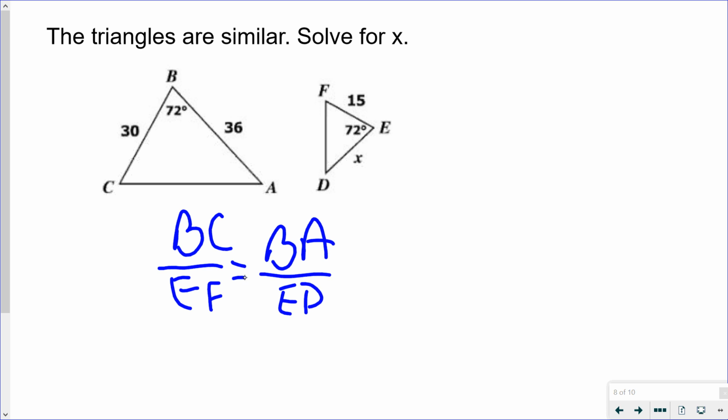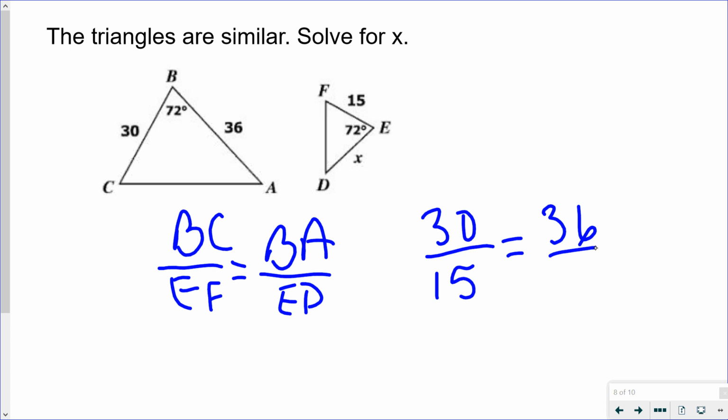And if these two triangles are similar, then we can set up a proportion and get ready to solve for the unknown. Segment BC is going to be substituted with 30. Segment EF is 15. Segment BA, I'm going to substitute 36 in the place of segment BA.